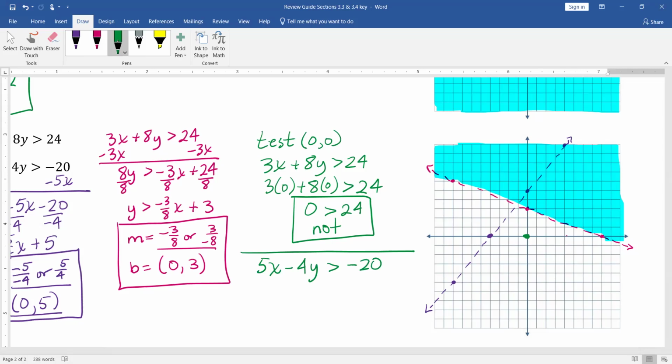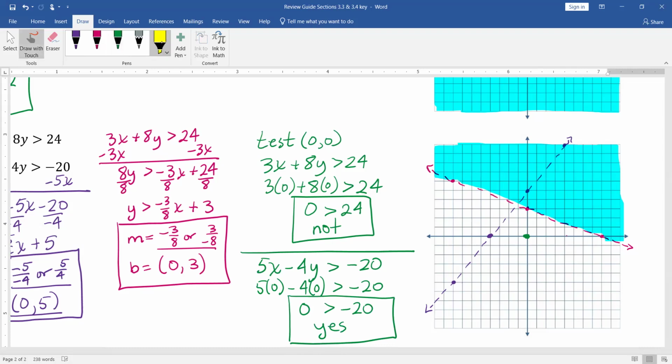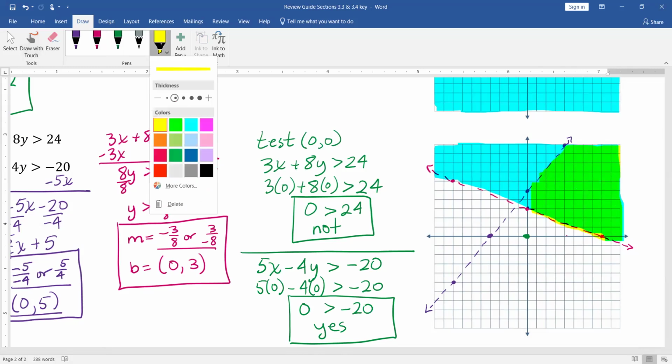So it looks like this one's going to be a true because 5 times 0 minus 4 times 0 is just 0, and 0 is greater than a negative number. So this one is true. So it means the side that includes the origin is the side that I'm going to highlight, which means my solution for both of these is going to be this part, right? Because that's the part that's true for both. That's so messy.